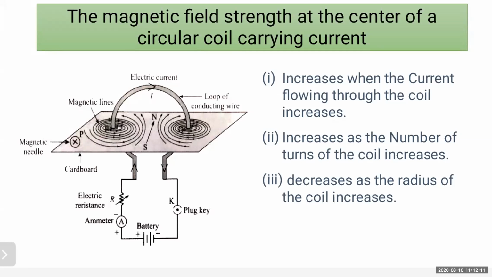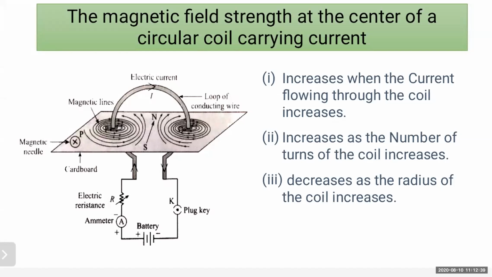The magnetic field increases as the number of turns of the coil increases. If we increase the radius of the coil, the magnetic field decreases.